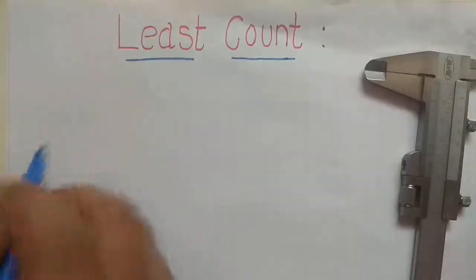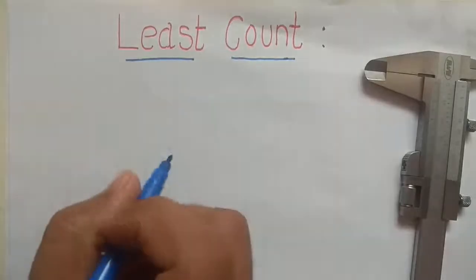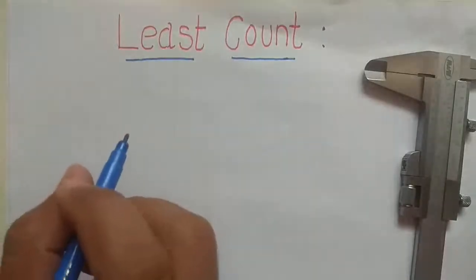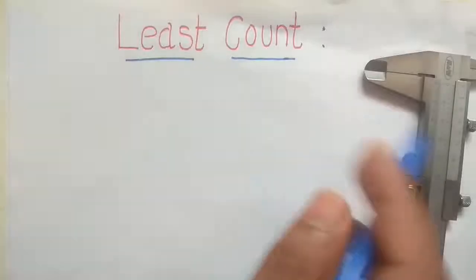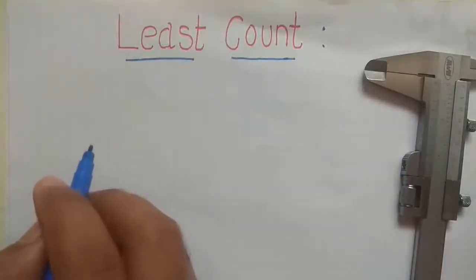Most of the time in interviews or examinations the question is asked: explain least count, or what is the least count of vernier caliper and what is the least count of micrometer.